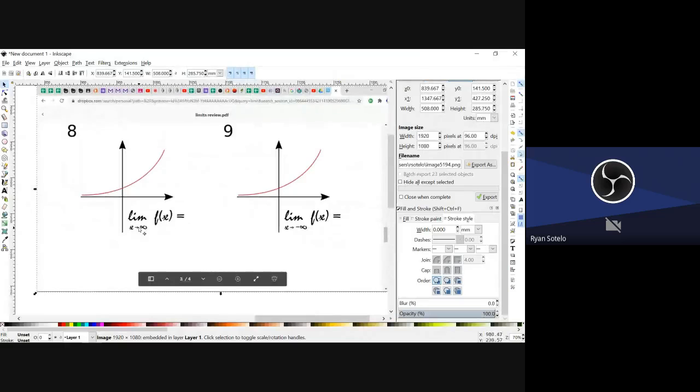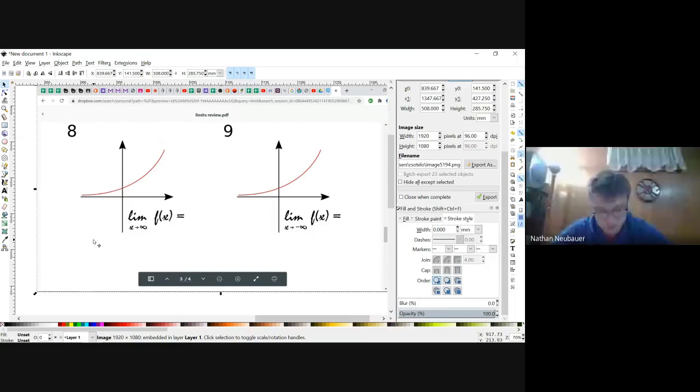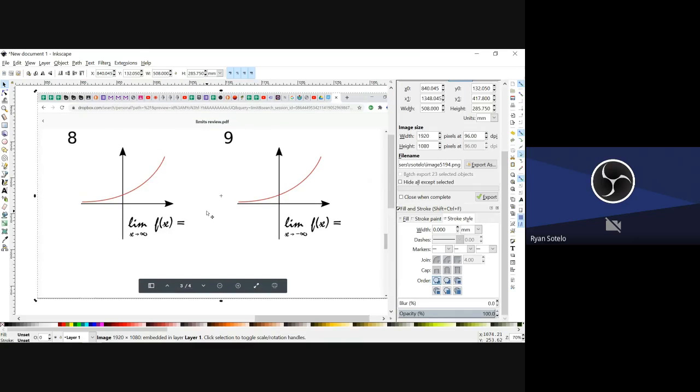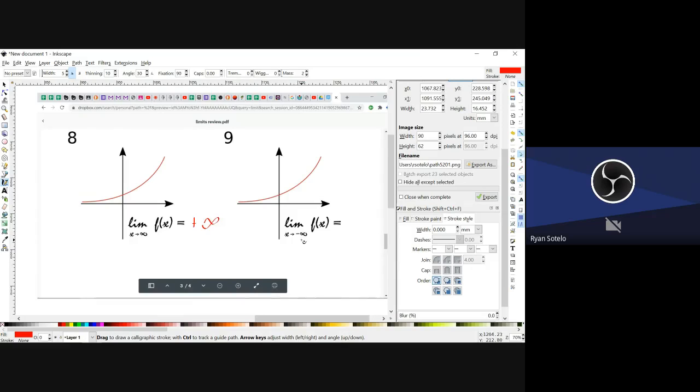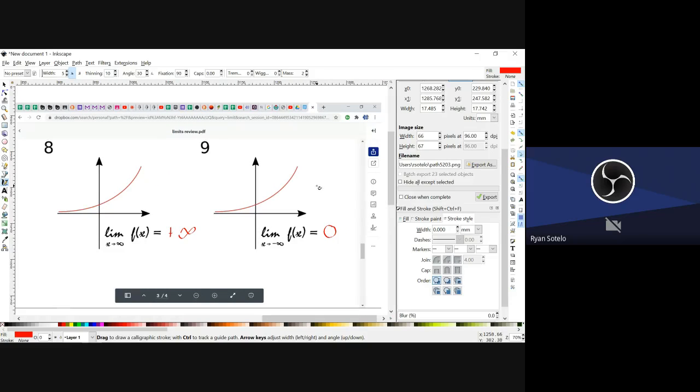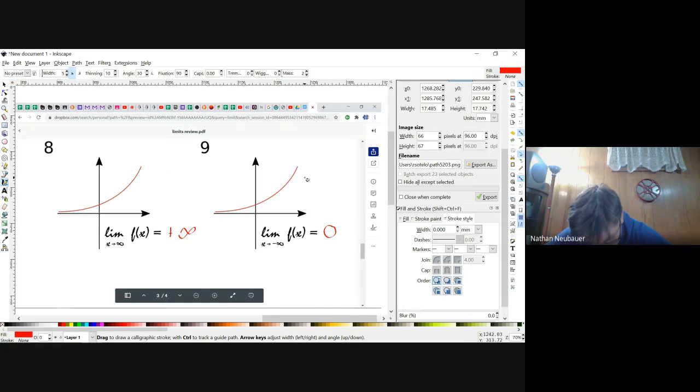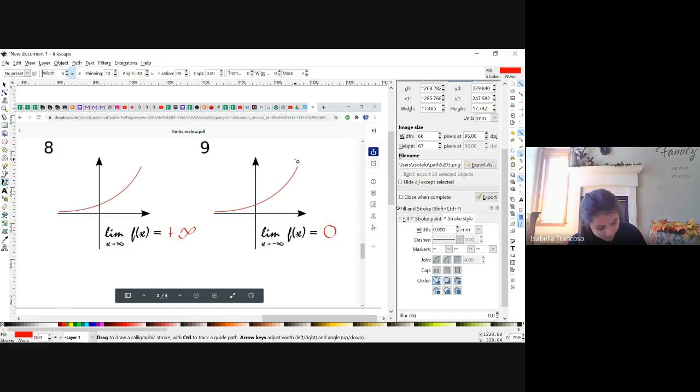These ones, as you go to infinity to the right, then it's really explosive. Well, this one going to the left here, negative infinity, so you're going this way, would be 0, the asymptotic limit. Why is the right one 0?